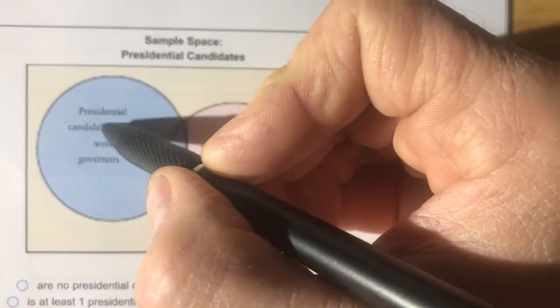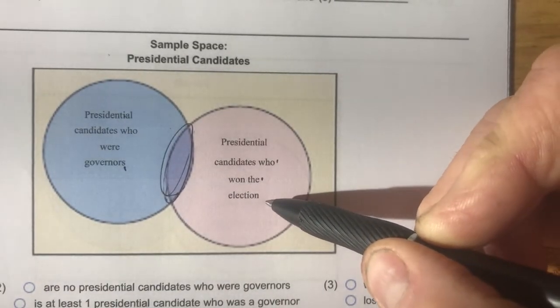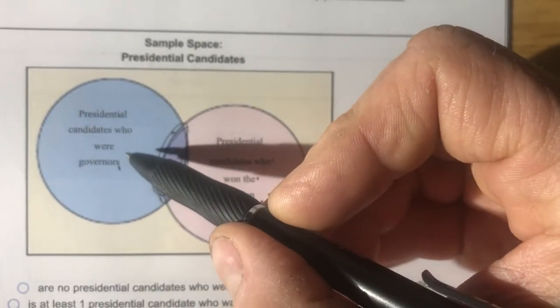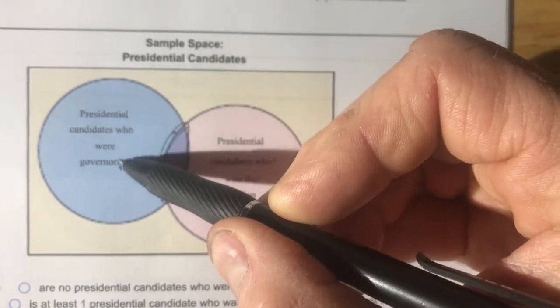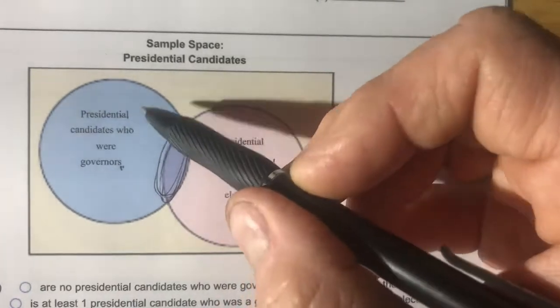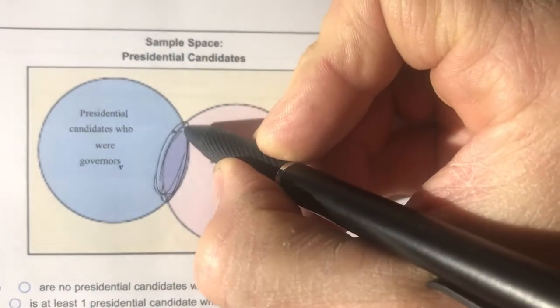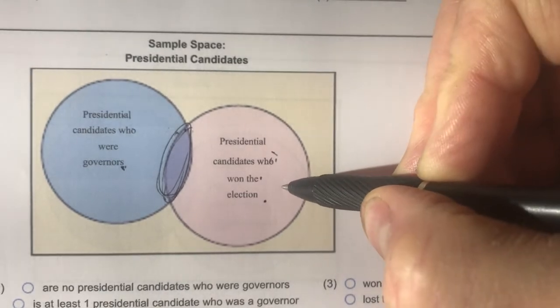See, we were looking at presidential candidates who were governors, presidential candidates who won the election. Okay, there's some that were both. I could think of Arnold Schwarzenegger. He was a presidential candidate that was a governor, and, well, I'm sorry, but he didn't win a president. So that was a bad example. No, George Bush. He was governor, and he won the presidential election.